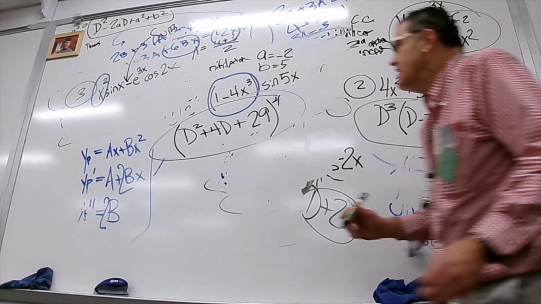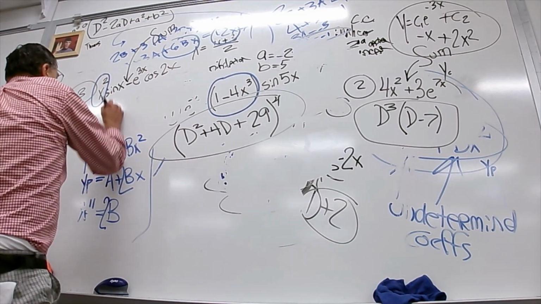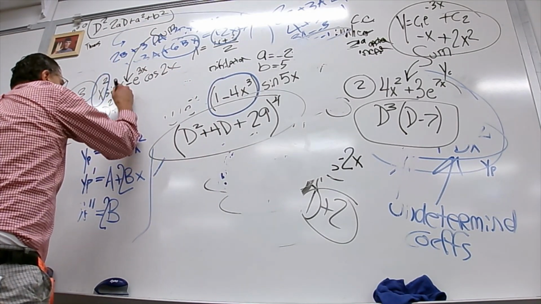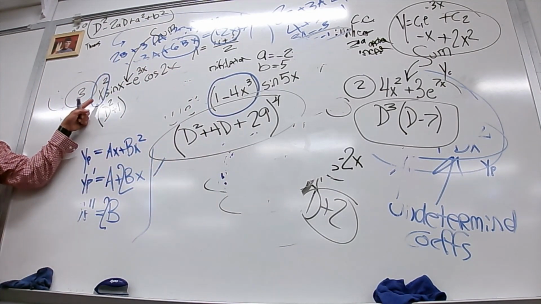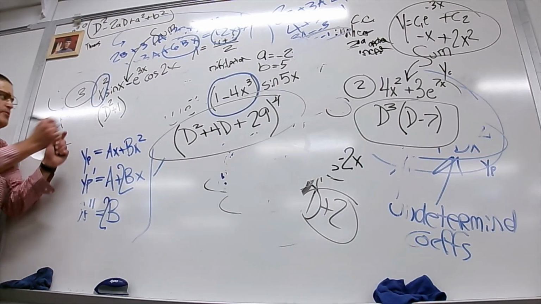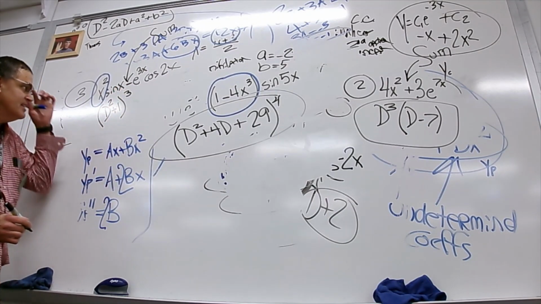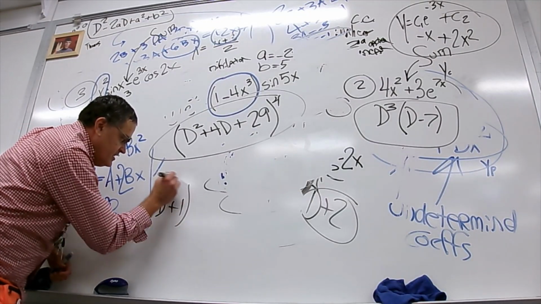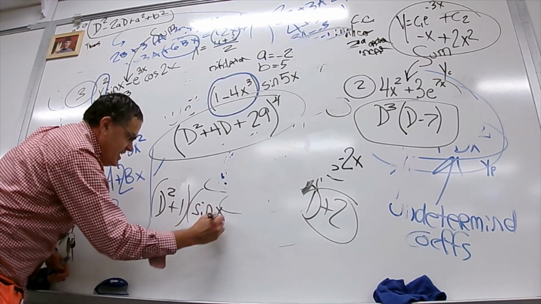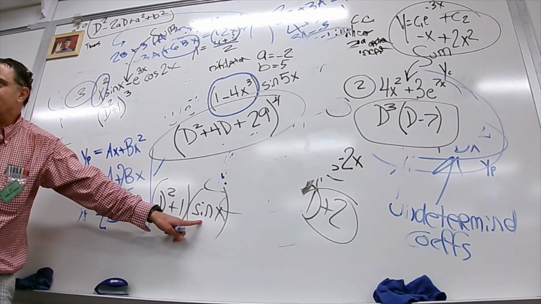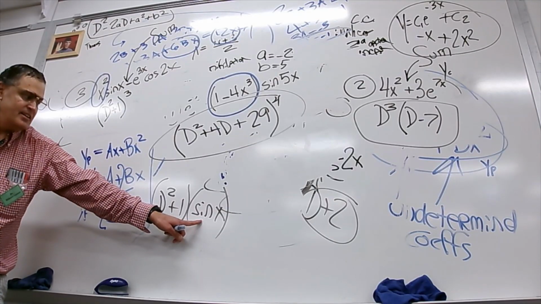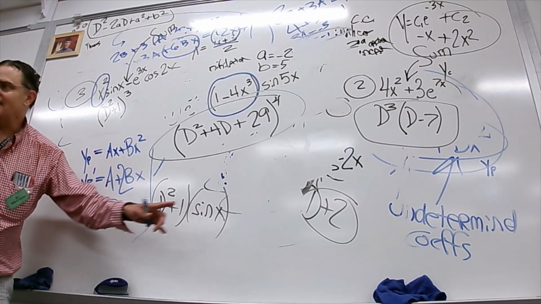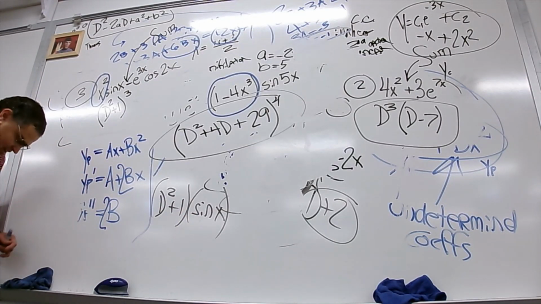So it's going to be d squared plus 1. And that's going to be raised to what power? Third power. How does d squared plus 1 annihilate sine x? What's the second derivative of sine? Negative sine plus a sine, annihilation.